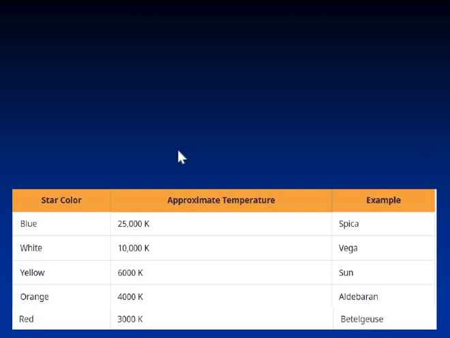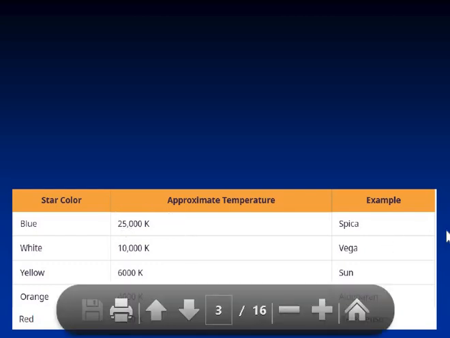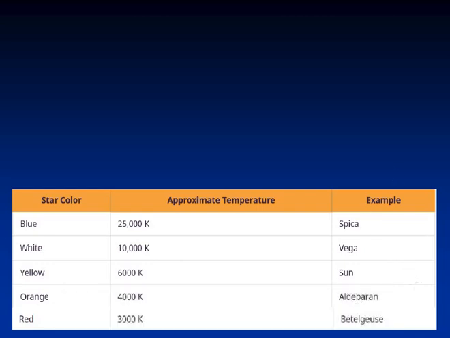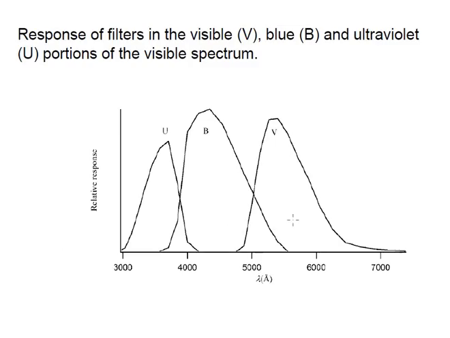Here I have shown you some of them based on the star color, with approximate temperatures ranging from 25,000 Kelvin to 3000 Kelvin. These are some examples of stars. So Spica is a blue colored star having a temperature of the order of 25,000 Kelvin.